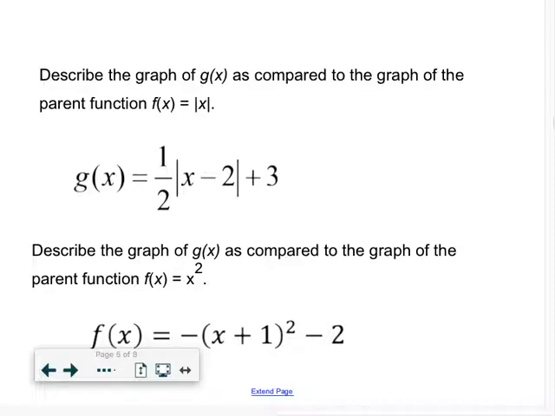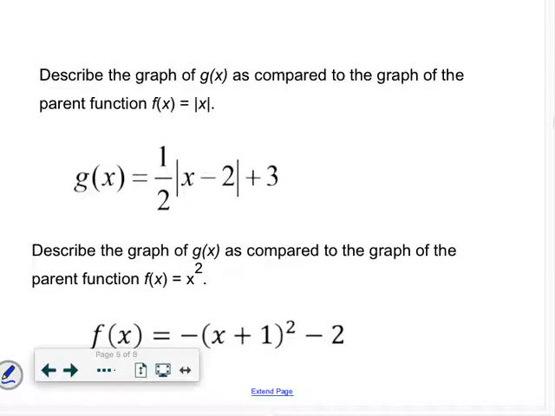Look at the second one back. Since it has the negative on the outside, wouldn't it be a reflection? Yeah, it should be x-axis. And then it would also be moving to the left because it's plus. And then minus 2, so then you would go down. So it would go left, down, and reflection in x.